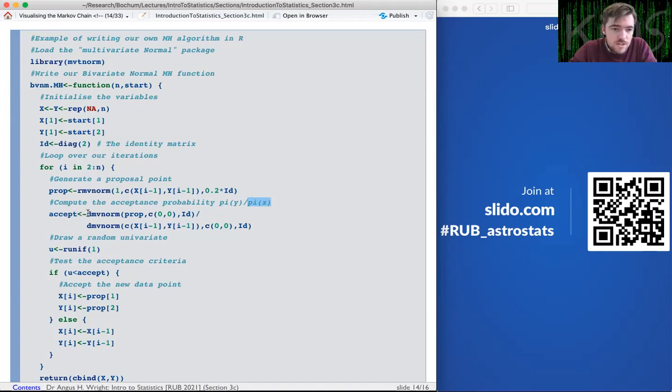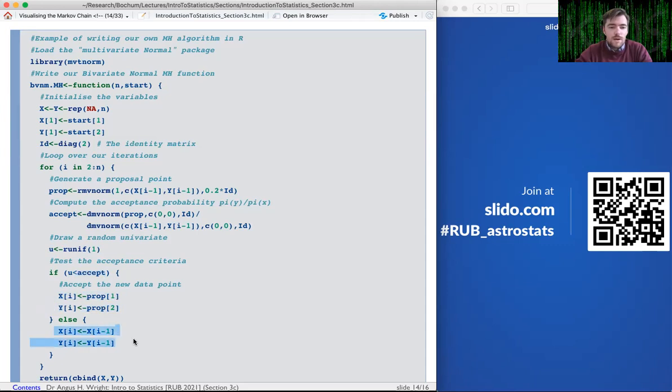So that's just the value of the multivariate normal at the proposed location, prop, divided by the target distribution evaluated at the current location. We then generate our random value, and if our random value is less than the acceptance value, we accept it.